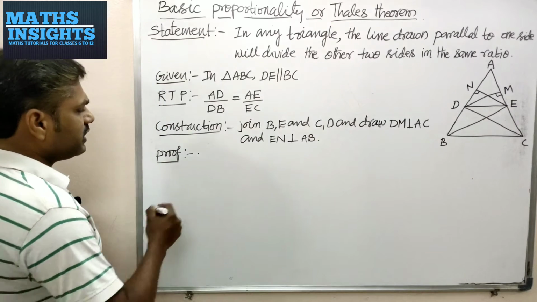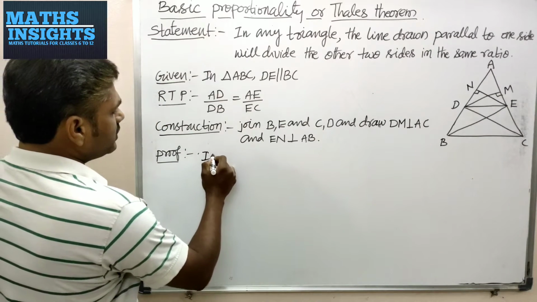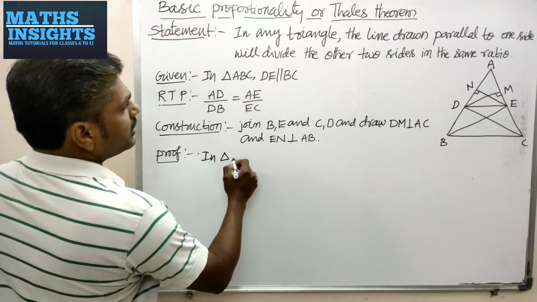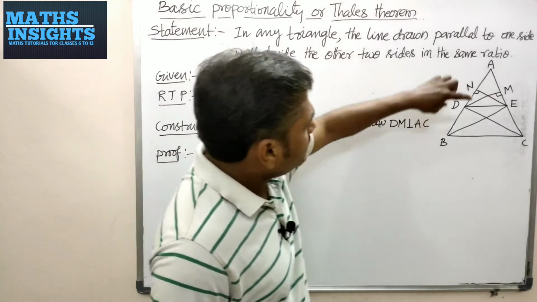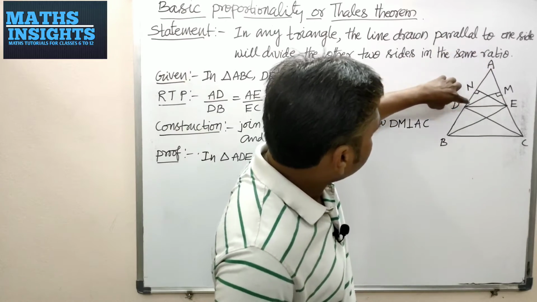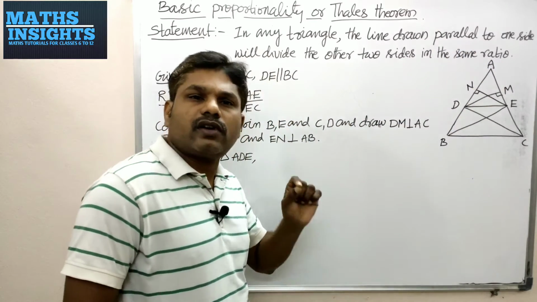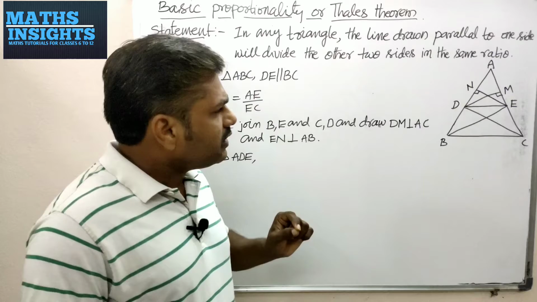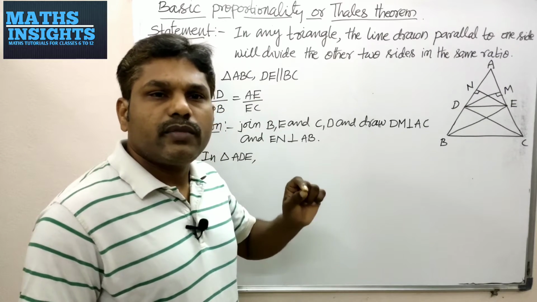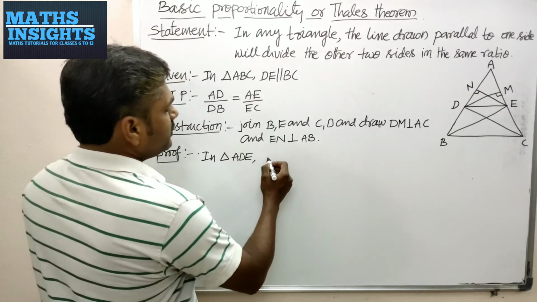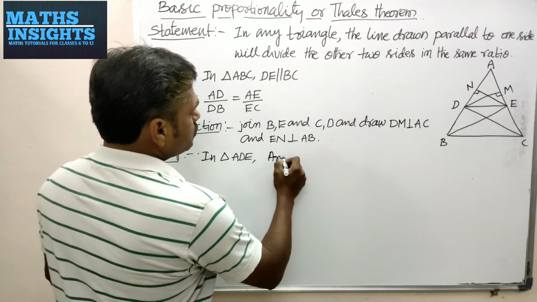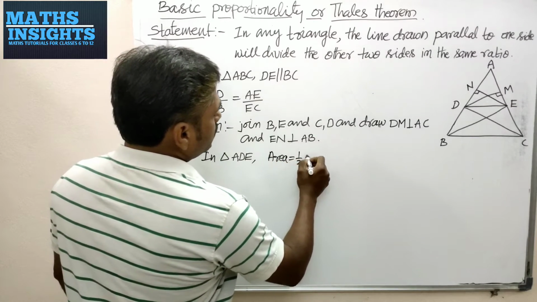So the first one is in triangle ADE, very simple, don't confuse. See, this is the triangle ADE. For this, I am taking the area. The area of any triangle with base and height is half into base into height. That means area is equal to half into base into height.